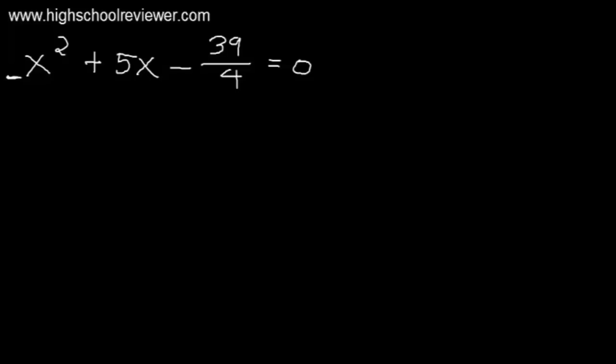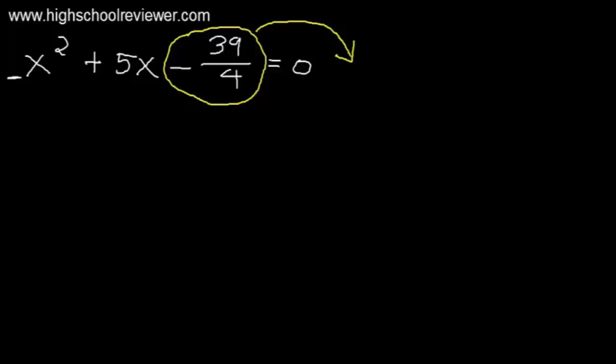So since there is none, we can proceed. And then next we need to transpose the third term to the right side because we are going to make here a new term. Okay, so transpose this to the right side.